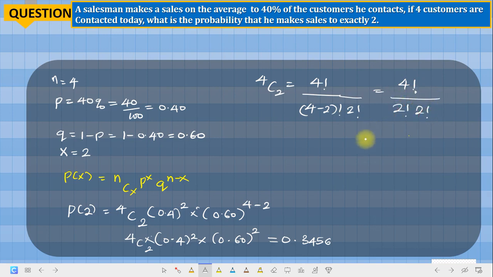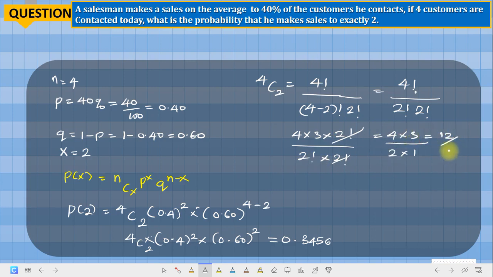This becomes 4 factorial all over 2 factorial times 2 factorial. 4 factorial is 4 times 3 times 2 factorial, and you break it down until you have something under it that you can easily divide with. 2 factorial cancels 2 factorial, so we have 4 times 3 divided by 2 times 1, because 2 factorial means 2 times until you get to 1. This gives us 12 over 2, and 12 over 2 gives us 6. So that is how to simplify this combination.